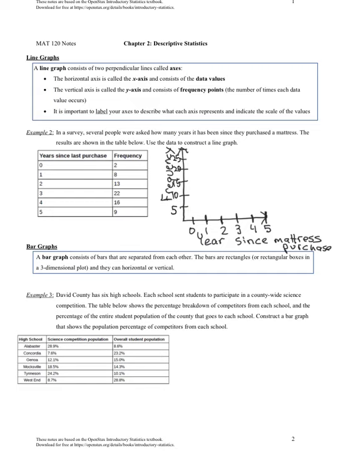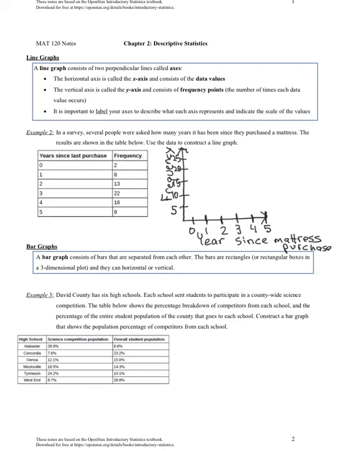Now you might have decided instead of jumping by 5s for the frequencies, maybe you would jump by 2s or perhaps 10s. There's no given rule, but just make sure that the numbers you choose fit your data.